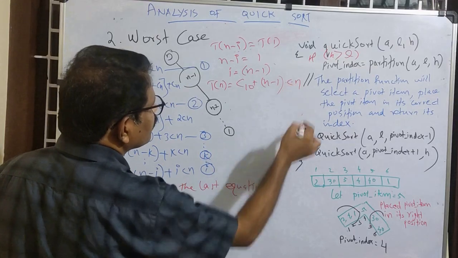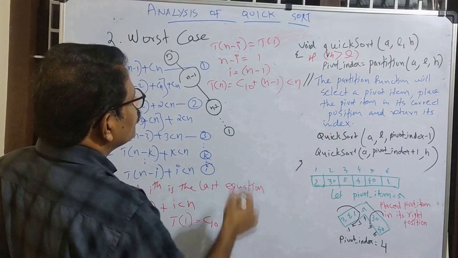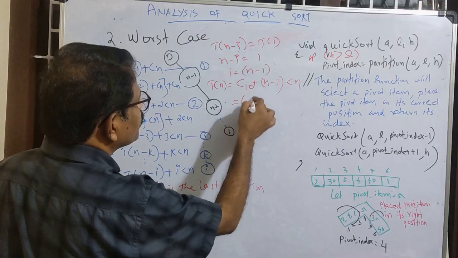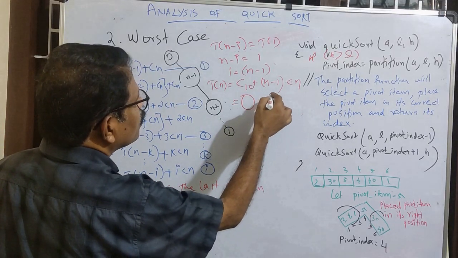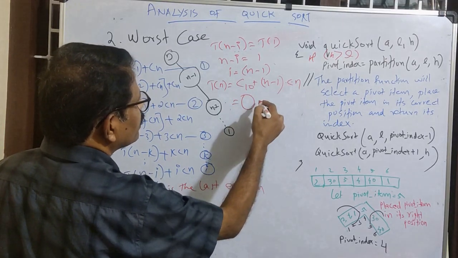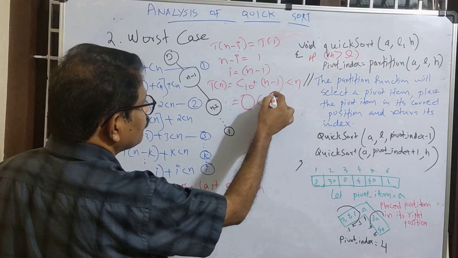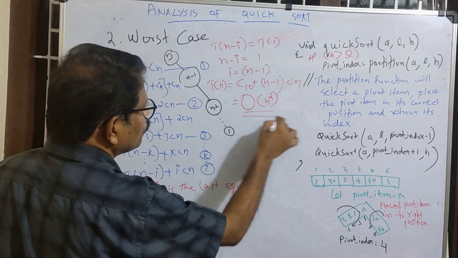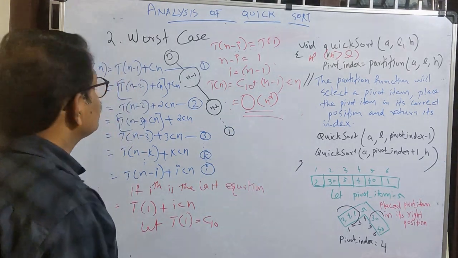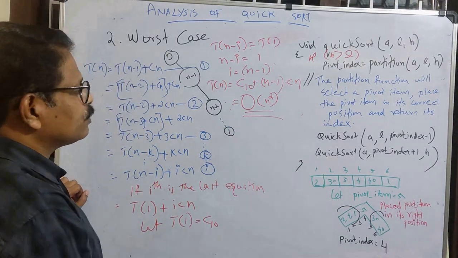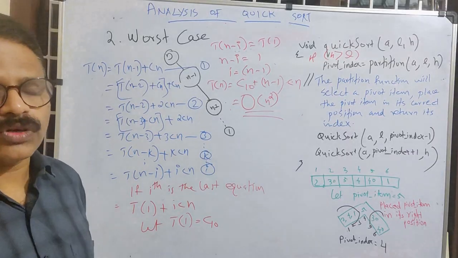We can write the complexity is big O of n minus 1 into n. We will get an n square term, so it will be dominating. We will get the complexity as big O n square. We will say the worst case complexity of quicksort is big O n square.